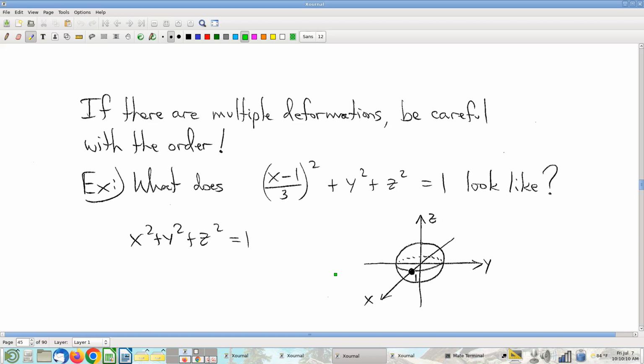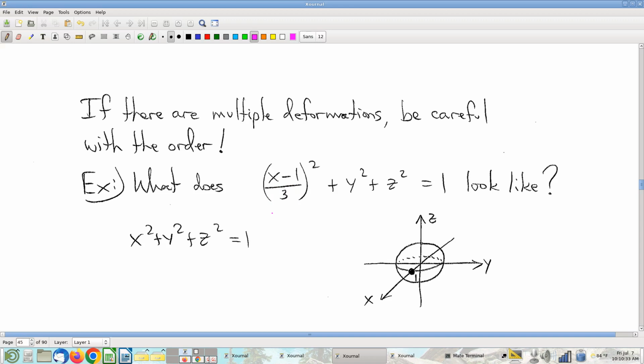A lot of students will look at this and think, oh, yeah, well, what am I doing to x? Well, first I'm subtracting 1, and then I'm dividing by 3. It just kind of looks like that in the algebra, right? But if you think that through carefully, that's actually not what happens.